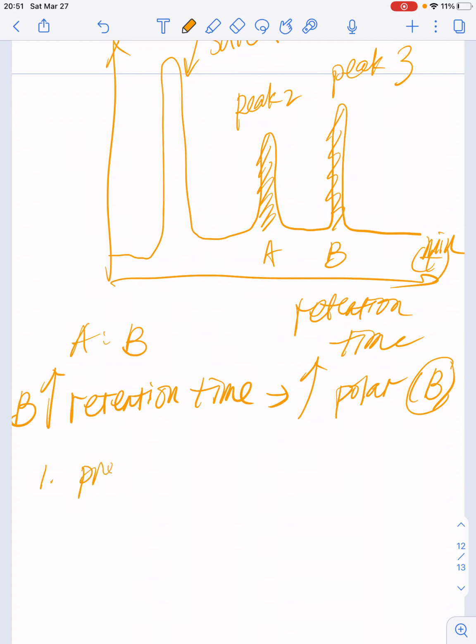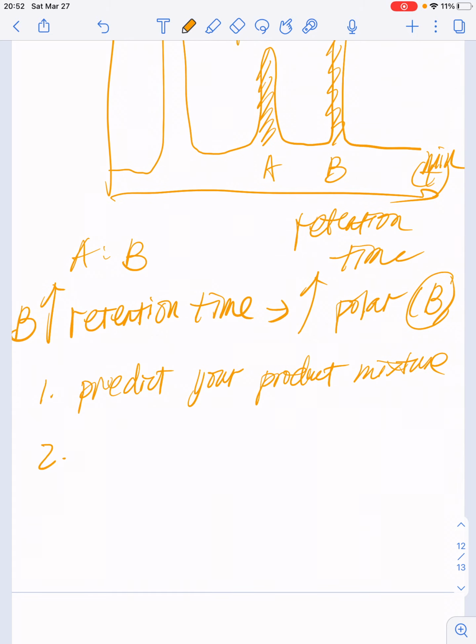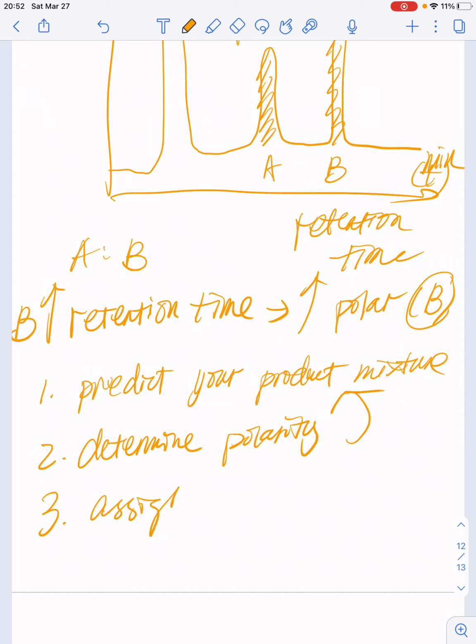So you will need to do several things. Firstly, predict your product mixture. You're producing two products. What are they? Secondly, determine the polarity of the two products. Thirdly, assign the two products onto your GC spectrum.